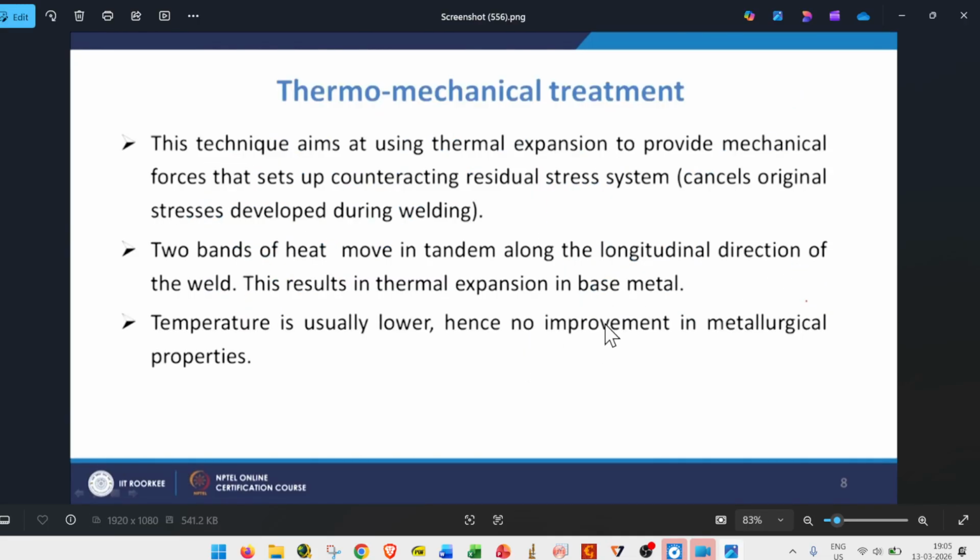Okay. Next is thermomechanical treatment. In this one, the technique aims to use thermal expansion to prevent the mechanical forces that set up the contracting residual stress system, cancelling the original stresses developed during the welding.